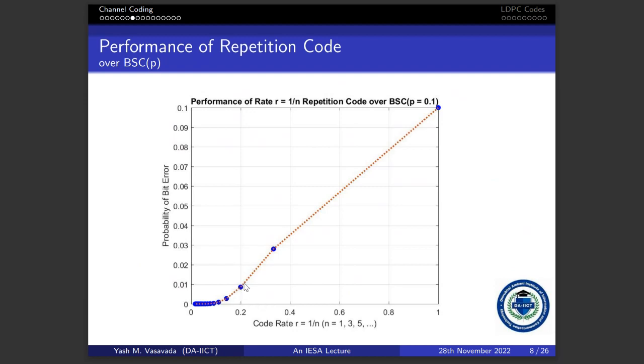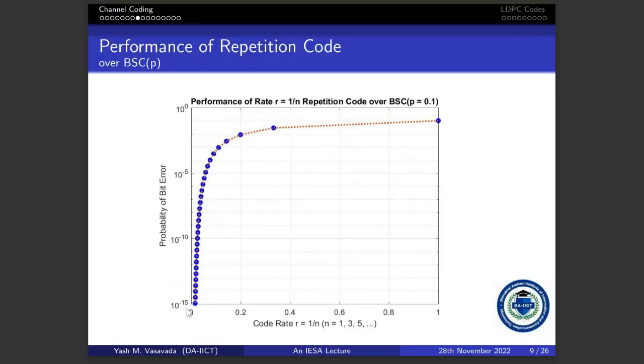Well, what if I repeat the bits 5 times or 7 times or 9 times? I start getting better and better reliability, right? That URLLC feature, ultra reliable communication, that goal becomes increasingly better realized, but my code rate starts dropping.